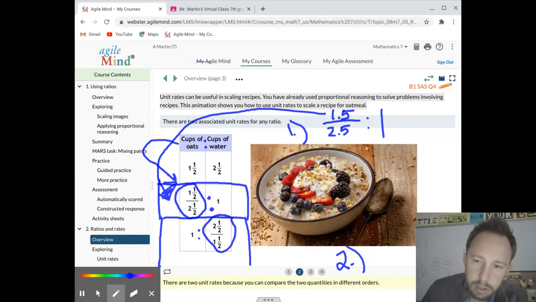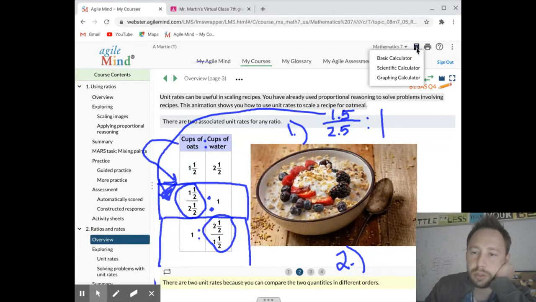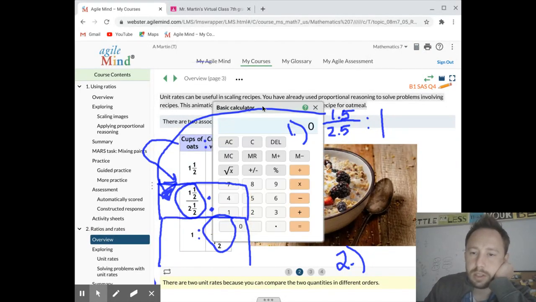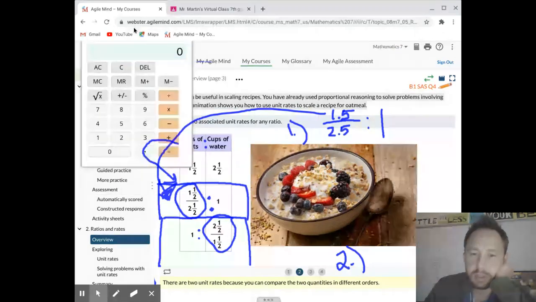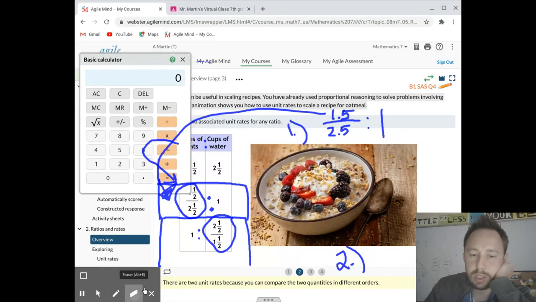How they equal 1? They equal more than 1. All right. So what it's saying is if you do 1 1/2 divided by 2 1/2. Mhm. So let's do that real quick.